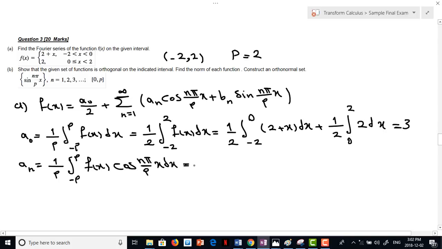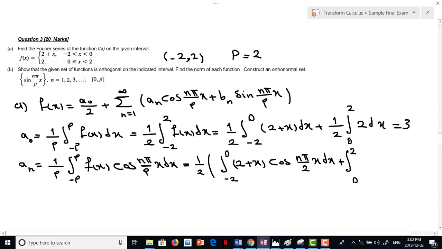So I have split the integral, so we have 1/2 here. So we have integral from minus 2 to 0, f(x) is 2 plus x, cosine n pi over 2 x dx, plus integral from 0 to 2.